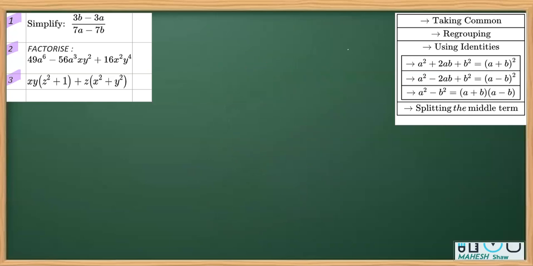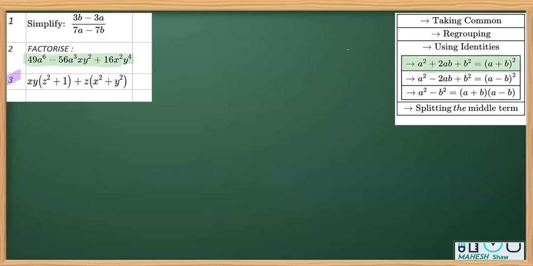Now coming to the next part, we have to factorize this. The second part I'm going to do. This question is based on the identity a plus b whole square, right? This is what this question is based on.